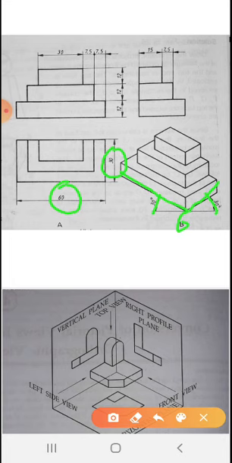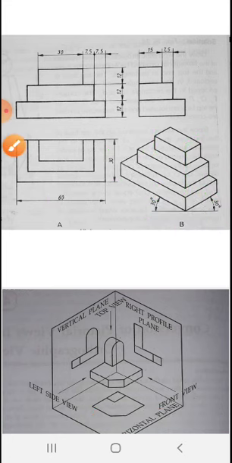So these two lengths are drawn at an angle of 30 degrees on both sides. And the remaining vertical height lines are perpendicular to the horizontal line.